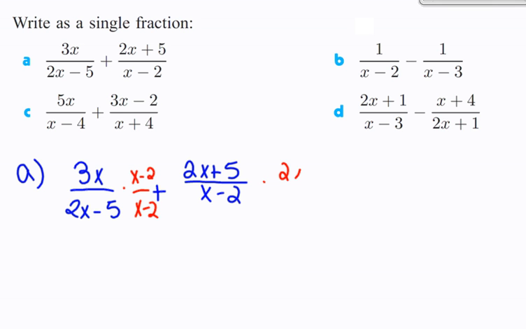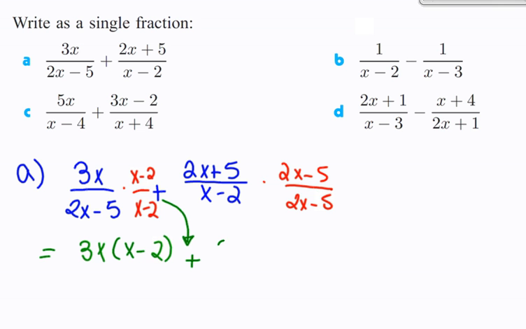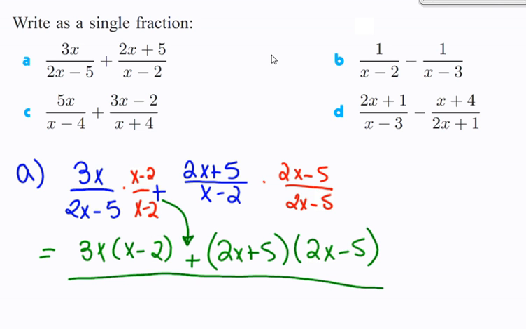Here we can multiply by 2x minus 5 over 2x minus 5. So we've got 3x times the quantity x minus 2 plus we've got 2x plus 5 times 2x minus 5. And in our denominator, notice both denominators have 2x minus 5 times x minus 2.